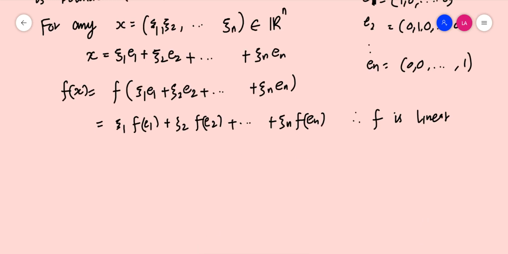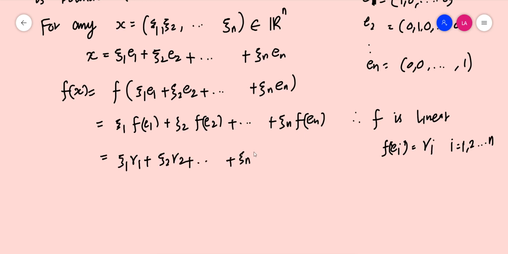If we call f of e1 as gamma 1, or in general f of ei as gamma i, where i varies from 1 up to n, then f of e1 is gamma 1, f of e2 is gamma 2, etc., f of en is gamma n. Now this is equal to theta 1 gamma 1 plus theta 2 gamma 2 plus etc. theta n gamma n, or the summation j equal to 1 to n of theta j gamma j.